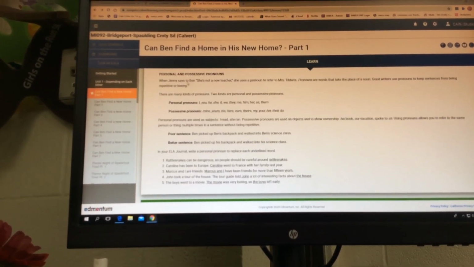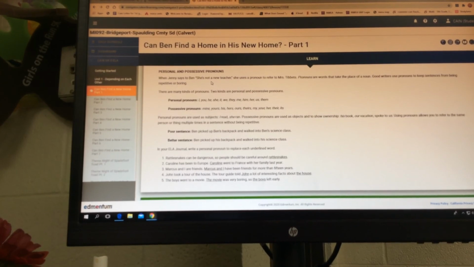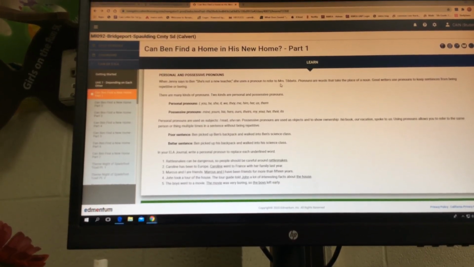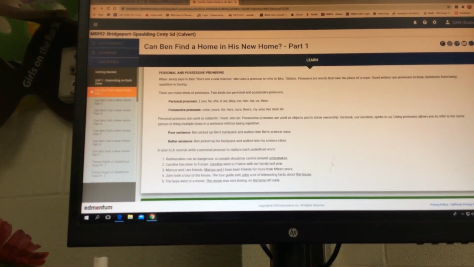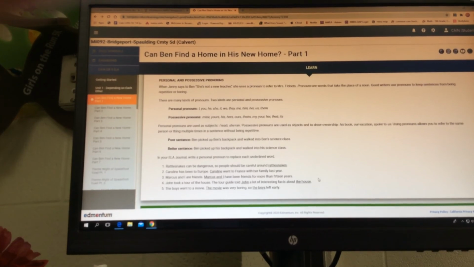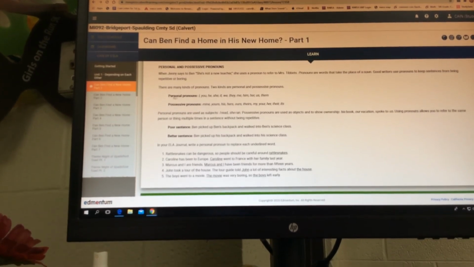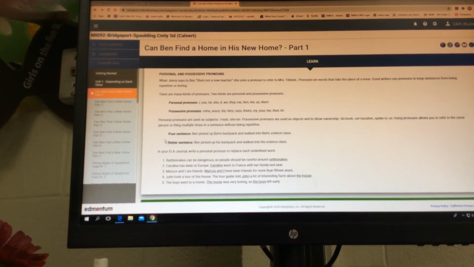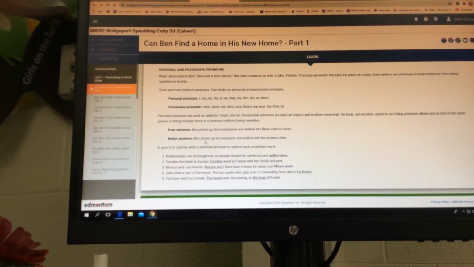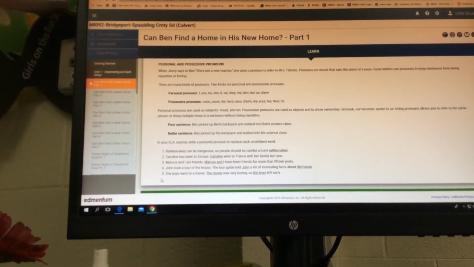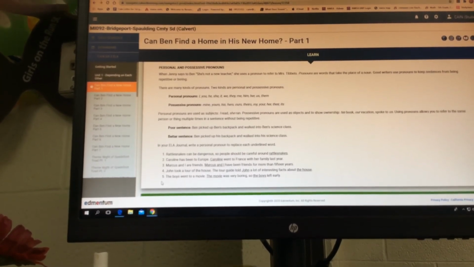Then it says, when Jenny says to Ben, she's not a new teacher, she used a pronoun to refer to Miss Tibbets. This is your English part. This is your writing part. You need to do this as well. So, it tells you personal nouns, possessive nouns. Here's a poor sentence and a better sentence. Then in your journal, here are 5 sentences.